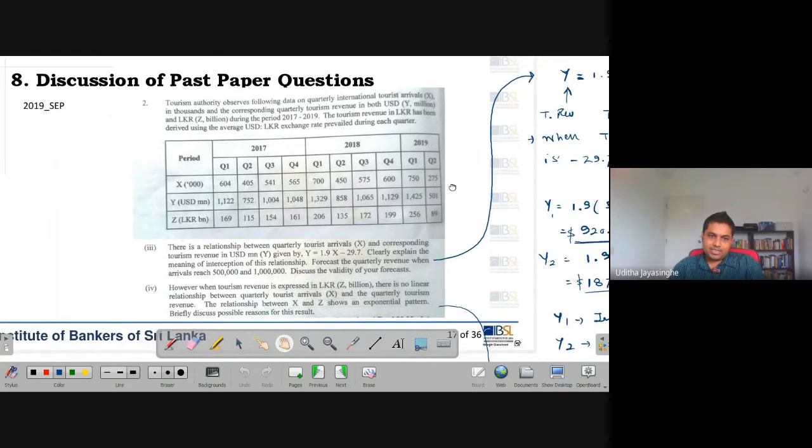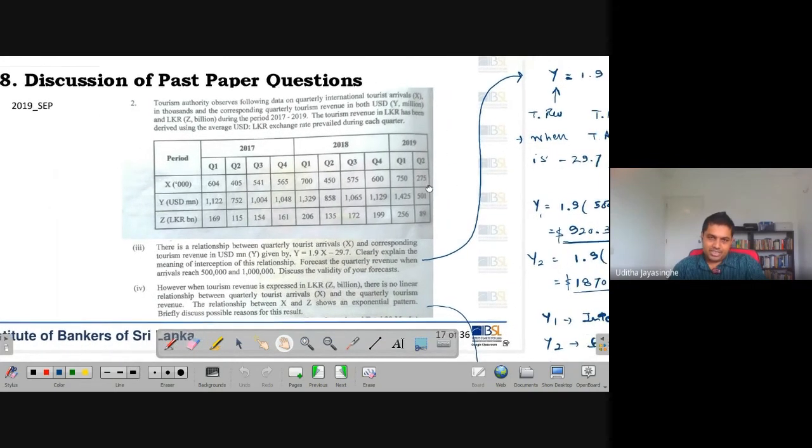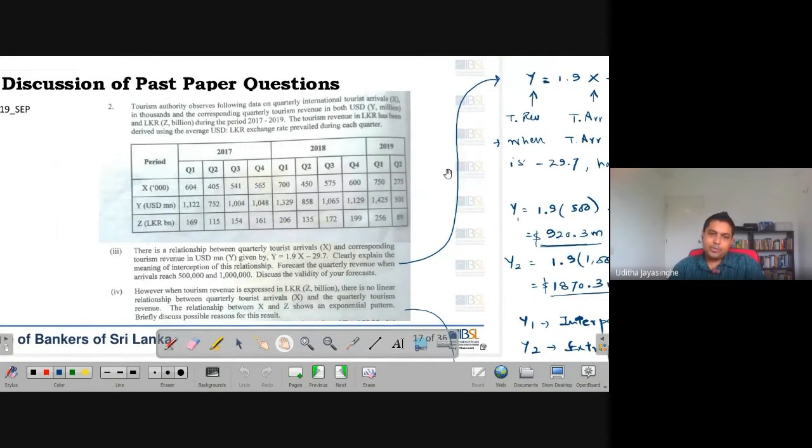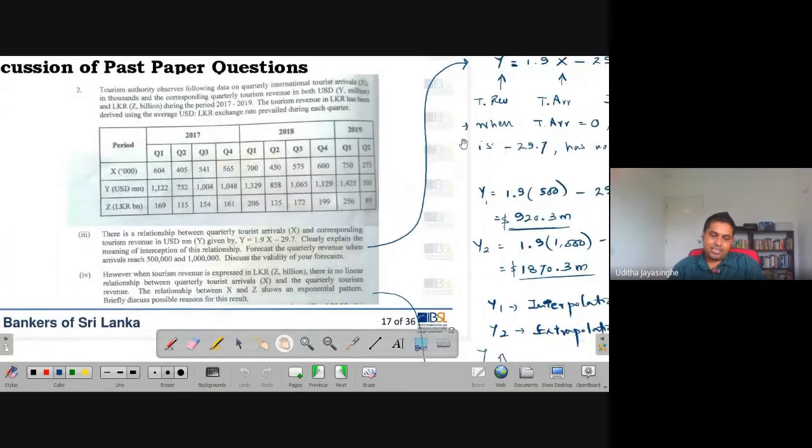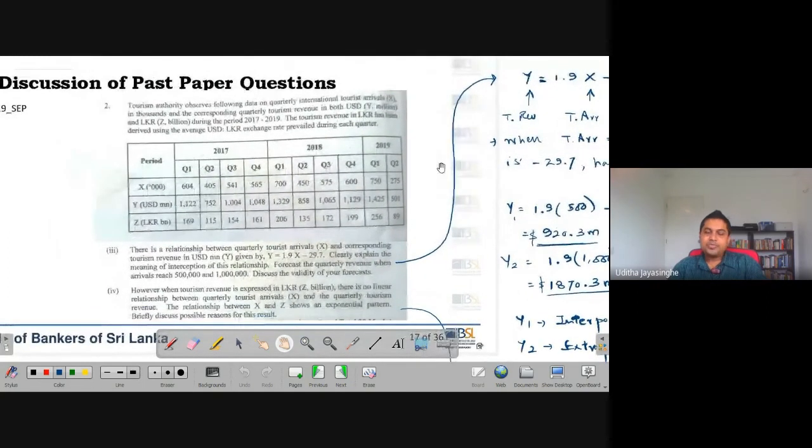I think this question was already discussed with you for parts 1 and 2, to find the correlation. Parts 3 and 4 are going to use the regression. What's the relationship that they're bringing in?